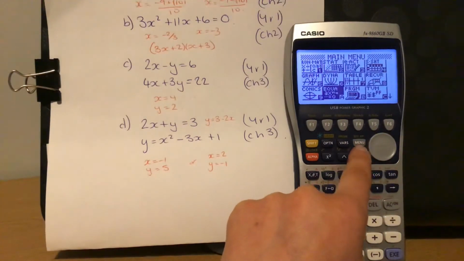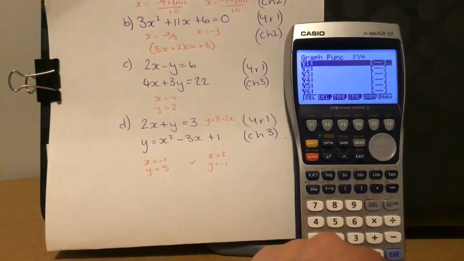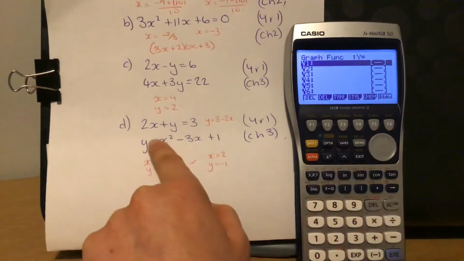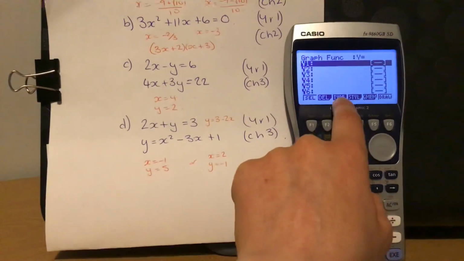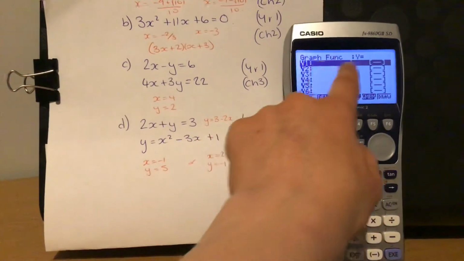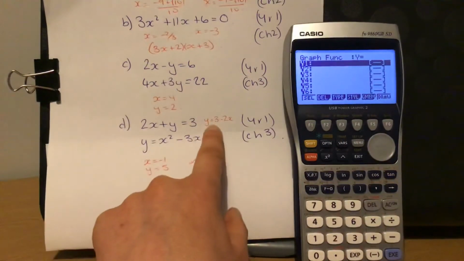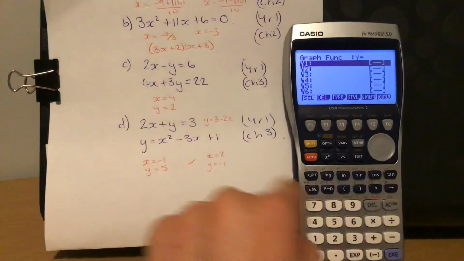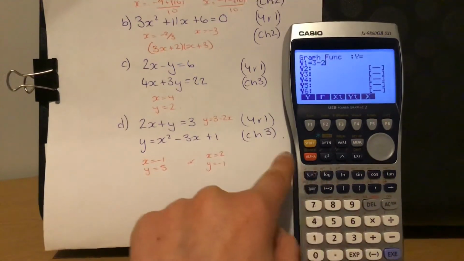So going back into my main menu, this time I'm going to go into the graph function. Putting both of my equations in, I can choose the type of equation I want to input, but this is y equals. I've just rearranged this equation so it's y equals 3 take away 2x, which I can pop in. 3 take away 2.